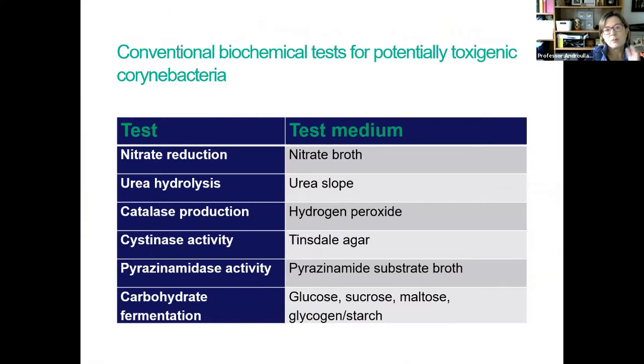There are other screening tests or single tests that can be used to potentially identify toxigenic corynebacteria. The classic tests are these: nitrate reduction, urea hydrolysis, catalase, cystinase activity on Tinsdale, pyrazinamidase activity, they're normally pyrazinamidase negative, and carbohydrate fermentation, primarily glucose, sucrose, maltose, glycogen, starch.